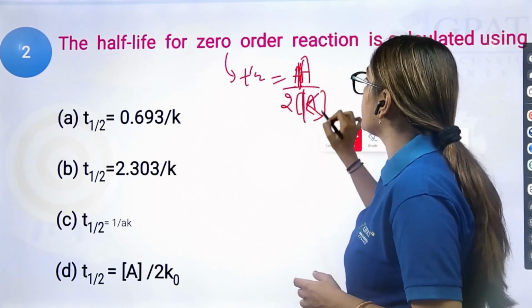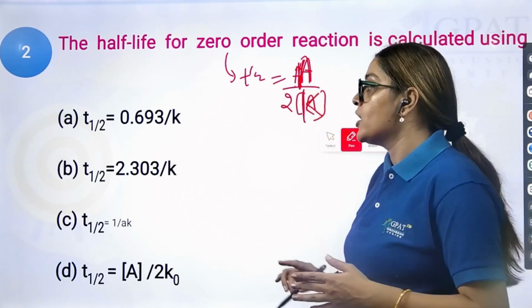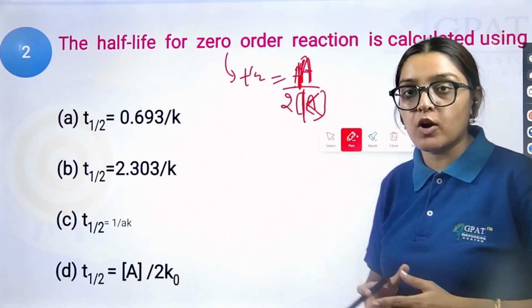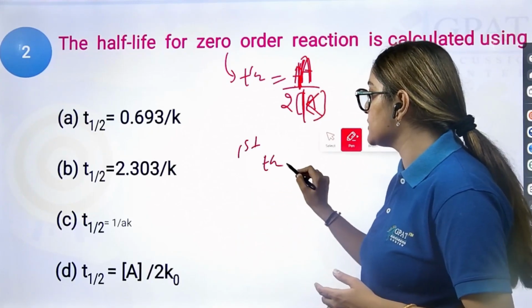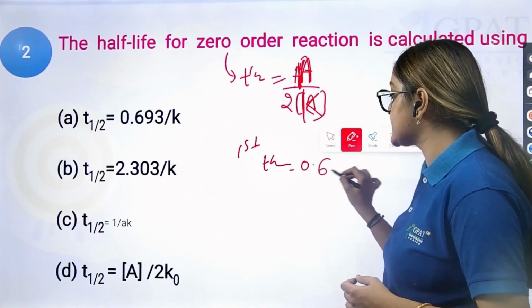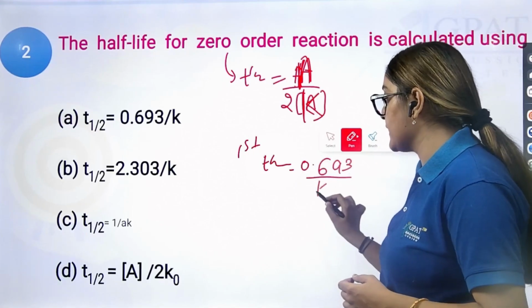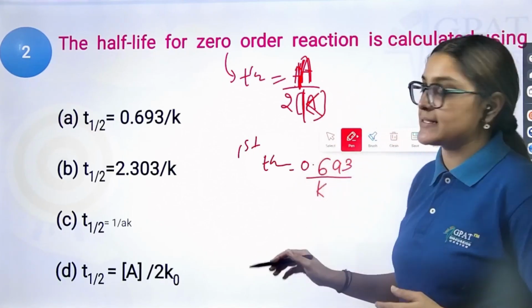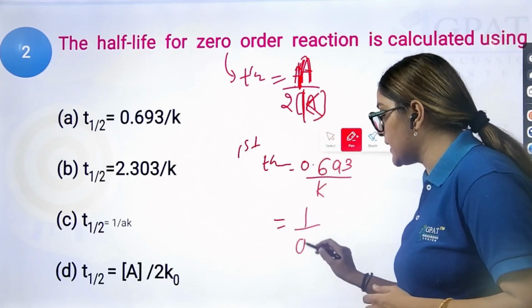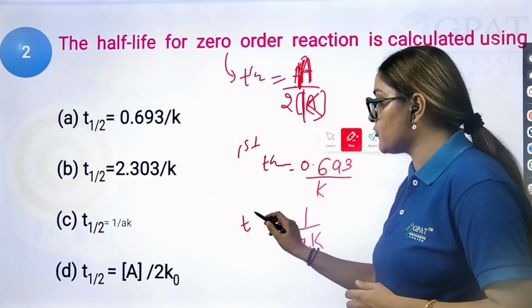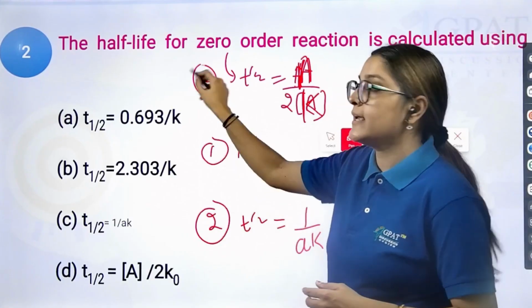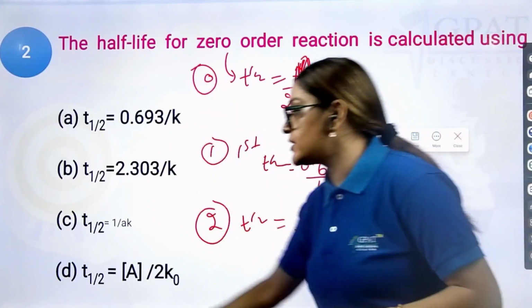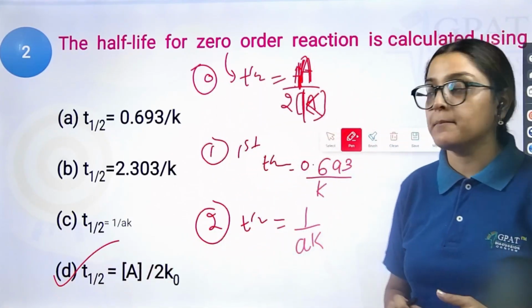For the first order, T half is equal to 0.693 upon K. And for the second order, as I have mentioned, it will be 1 upon aK. So this is for the second order, this is for the first order, and this is for the zero order. So we have the correct answer as option D.